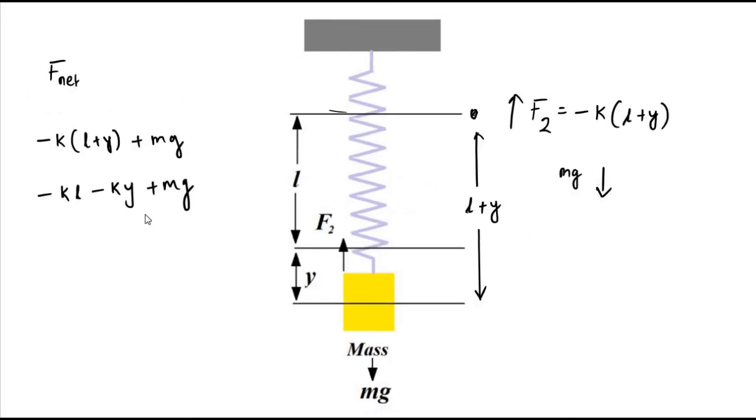If we substitute that, F net is equal to minus KL plus mg minus Ky. This much portion is 0, so we are left with F net equal to minus Ky.